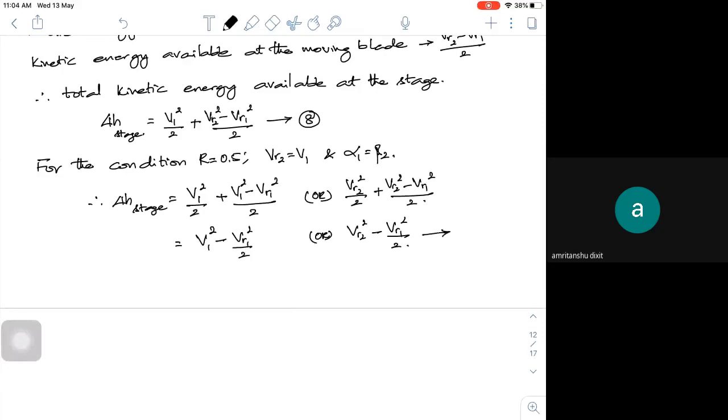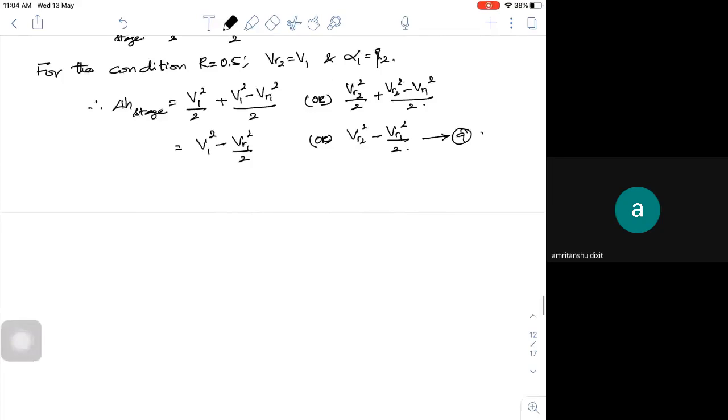Now, from the inlet velocity triangle, apply the cosine rule. Let me go to the inlet velocity triangle.